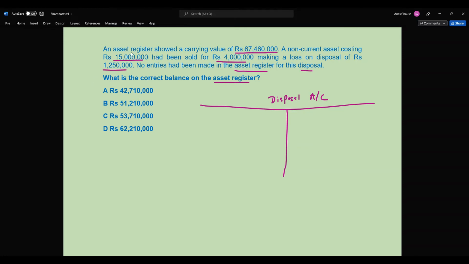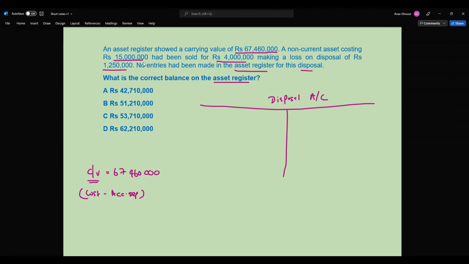And we'll take the carrying value of the asset register, which was 67,460,000. Carrying value means the cost less the accumulated depreciation. Please remember that.